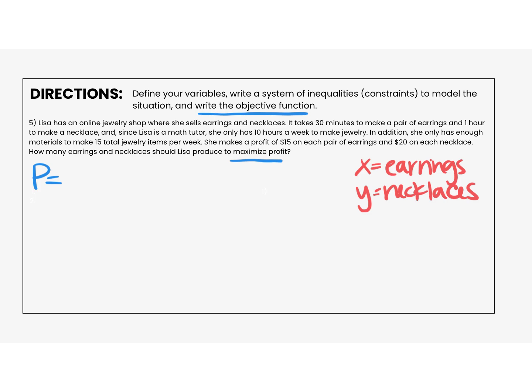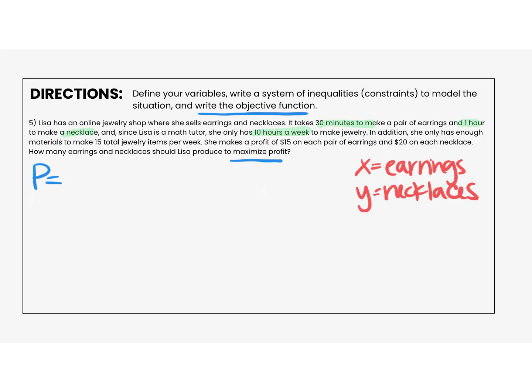So our constraints have to be based on what she's talking about in here. It takes 30 minutes to make a pair of earrings and 1 hour to make a necklace, and she only has 10 hours a week. So let's write this first constraint in terms of time.